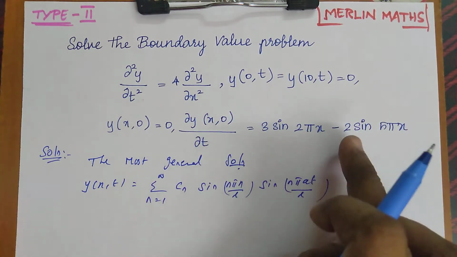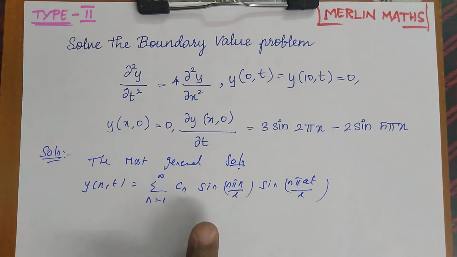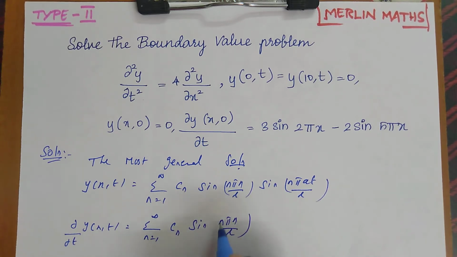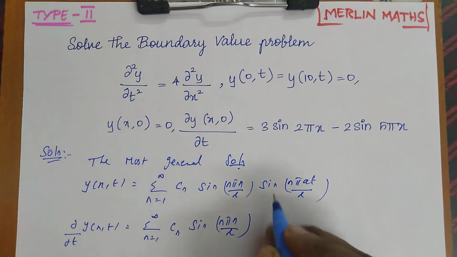Before applying the boundary condition we have to differentiate this equation partially with respect to t. So ∂/∂t of y(x,t) = sigma n = 1 to infinity Cn sin(nπx/L). Here there is no t, so this term will come as it is.